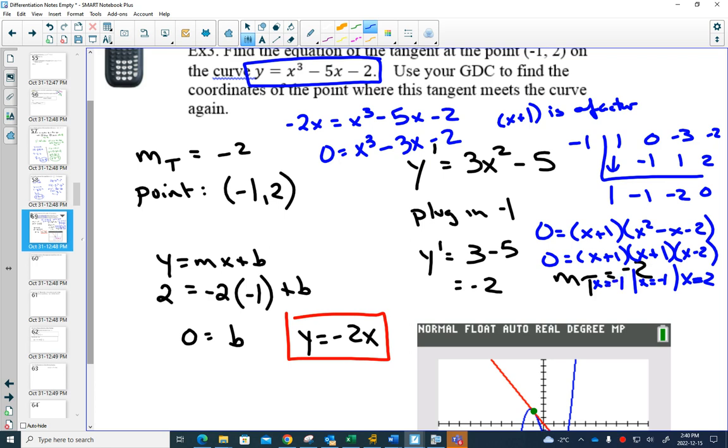Now I hope that you can see that the graphing calculator was a lot faster, right? Plus it didn't require remembering how to factor cubics, which technically is not part of the IB curriculum, but is part of the grade 12 curriculum in math. So we could do this by hand because we've done this in our grade 12 curriculum.